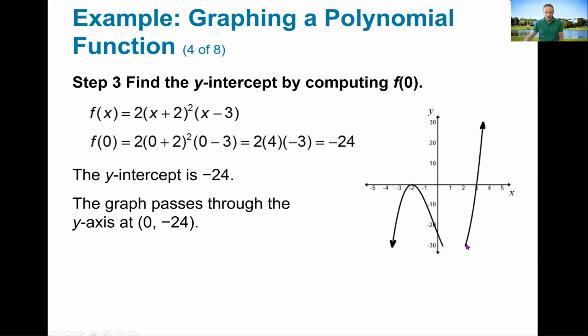Now, we could go ahead and draw in a nice continuous curve, but the reason I'm pretty certain it keeps on going down is because the maximum or minimum point is usually right in between your two x-intercepts. So if I'm going from an x-intercept of -2 to 3, I would expect the low value to be right at about 1/2 or 1. So it's going to keep on going down and then start coming back up.